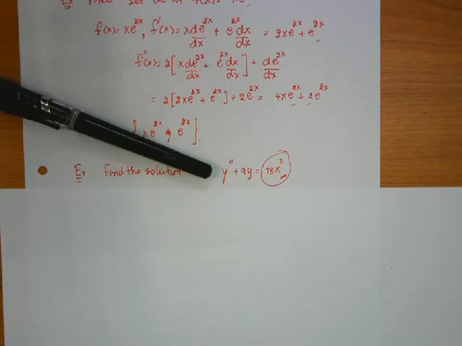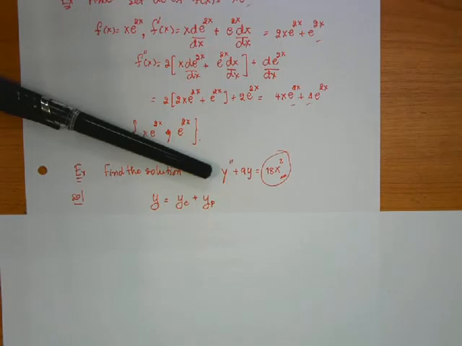So your solution should combine two parts, which are yc and yp. To find yc, you just set this differential equation equal to 0, the homogeneous equation of it. And you can find yc by writing down the characteristic equation. What is the characteristic equation of this differential equation? m squared plus 9 equal to 0.